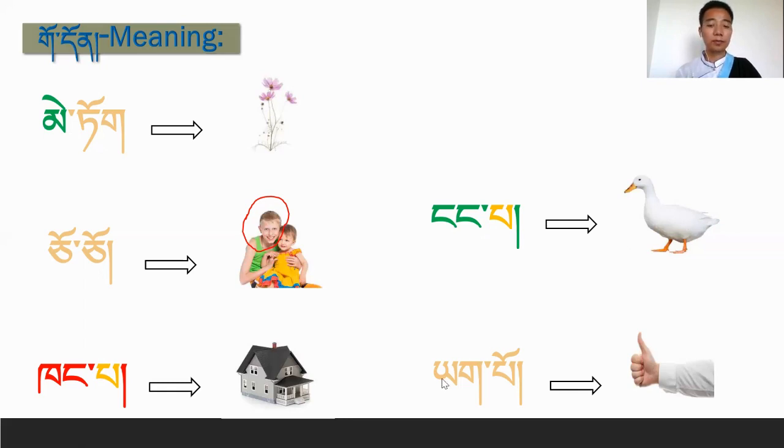And then the fifth one is yak po, which means good.